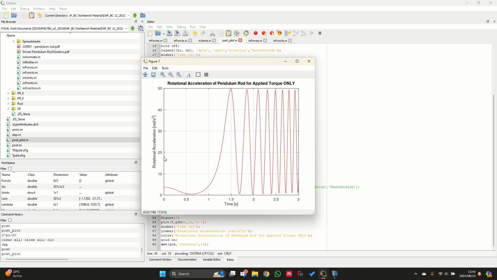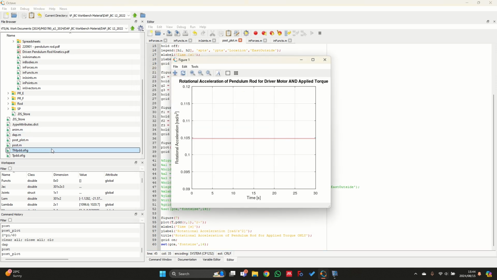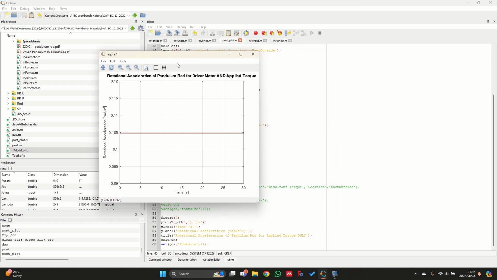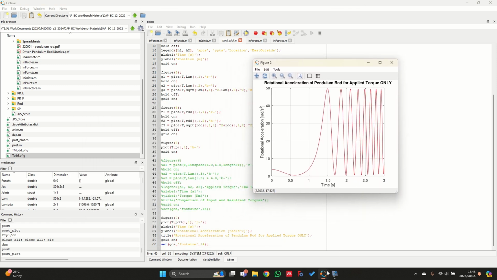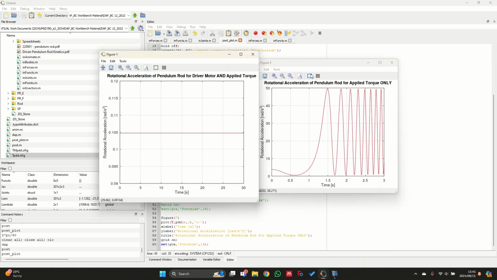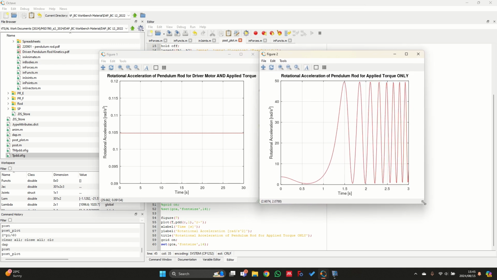Right, so this then also causes that ramp up that we saw with the linear accelerations. And if I now compare the two figures next to one another, I'm first going to look at the rotational acceleration with a driver motor and an applied torque, and then next to it I can plot this one over here, and we can now easily see what the effect of that rotation driver was.